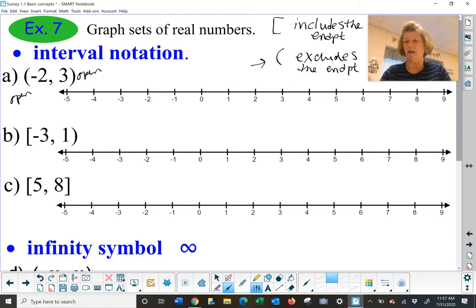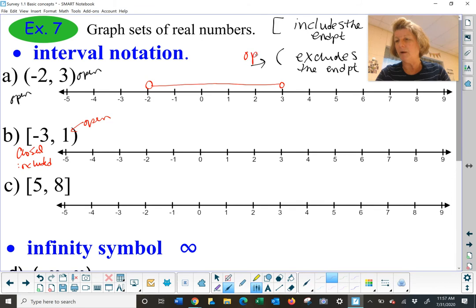So I'm going to find a different color here. I want to go from -2 to 3. I'm going to leave my circles open since the endpoints are not included. On B, I have a closed endpoint or included. And this one would be open, so excluded.